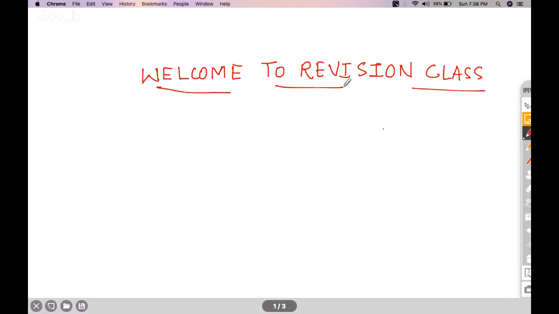Gopika, welcome. Gopika, can you check with Ishani whether she is joining? Okay, Ishani. Kartike and Anurag are missing.